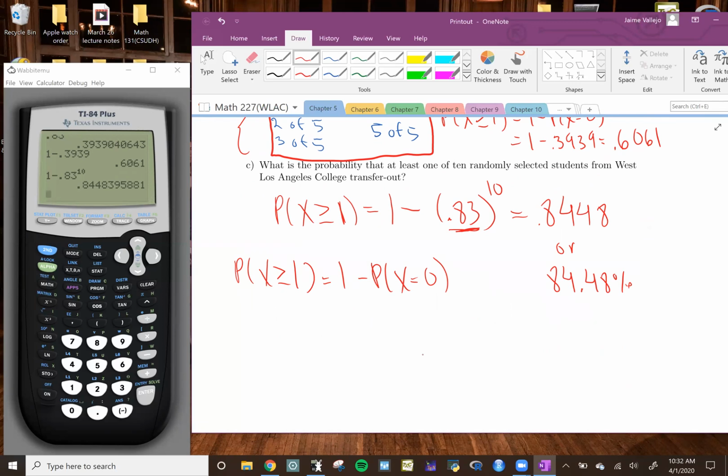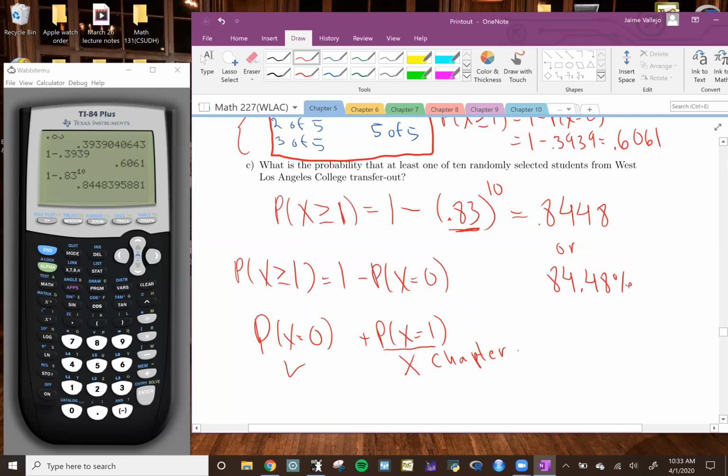We could find the probability that X is equal to 0, but when X is equal to 1, that means there are multiple outcomes. So you have to find the probability for all of those individual events and then add them up. As of right now, we wouldn't be able to do this. Once we get to chapter 6, we'll be able to do problems like this, and this is actually called binomial.